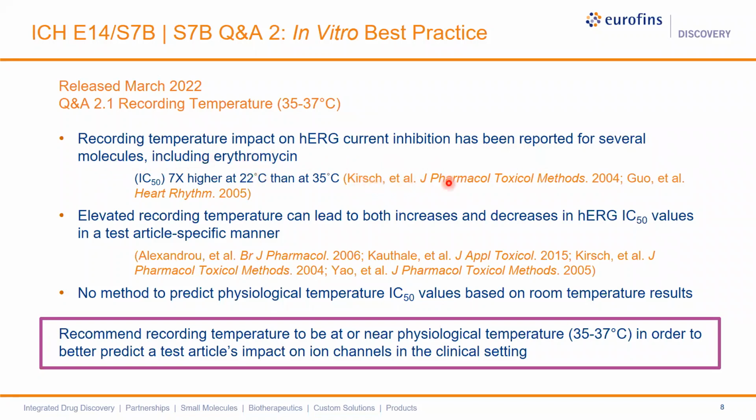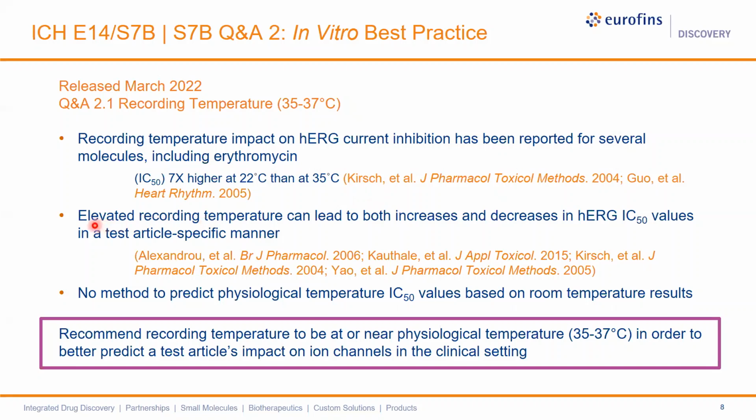This publication came out of Chantest, when I was there working with Curves, as well as Hu et al., 2004-2005. The IC50 value of erythromycin at 22 degrees room temperature is 7 times higher than at near physiological temperature, that is, 35 degrees Celsius.